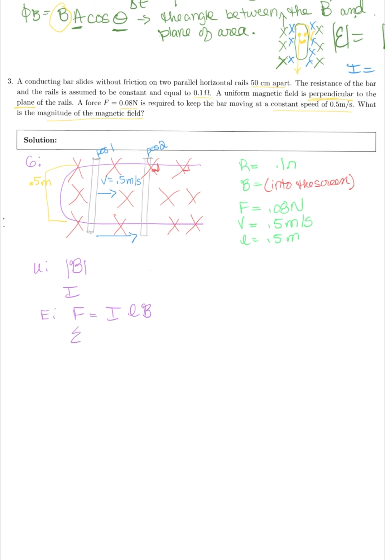So we know from Newton that the sum of the forces equals mass times acceleration, which here is 0. So we can say that the sum of the forces is 0.08 newtons minus ILB equals 0, because technically that's the same thing, the sum of these equals 0.